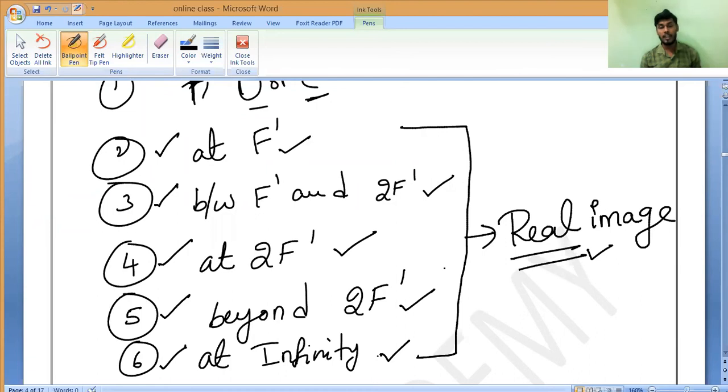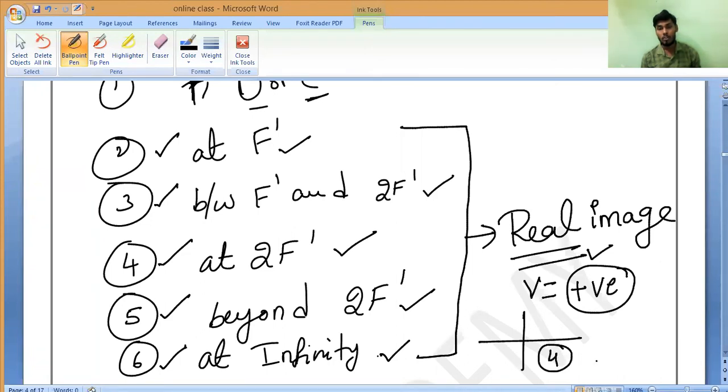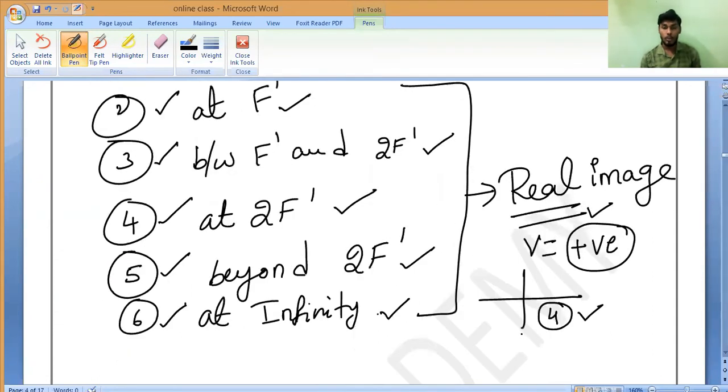Whatever the case you are finding here, real image. So in this case, V is positive in the case of lenses. What is the position of the image? Which coordinate? Fourth coordinate. Any doubt? Yes, sir. So the position of the image is at the fourth coordinate always, and it is always positive.